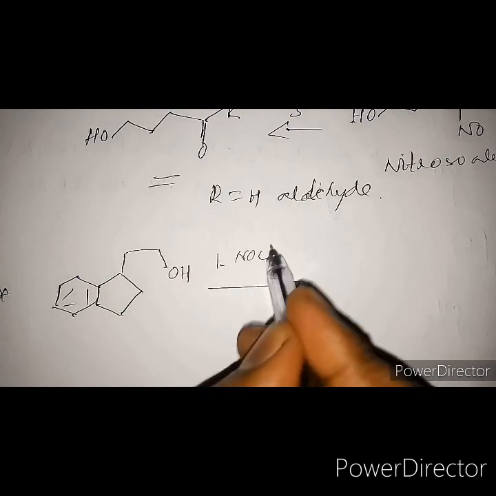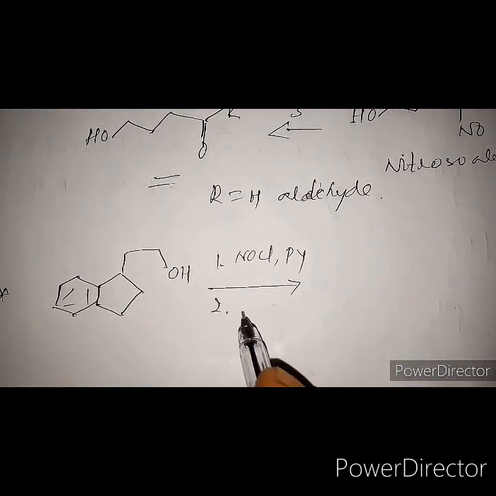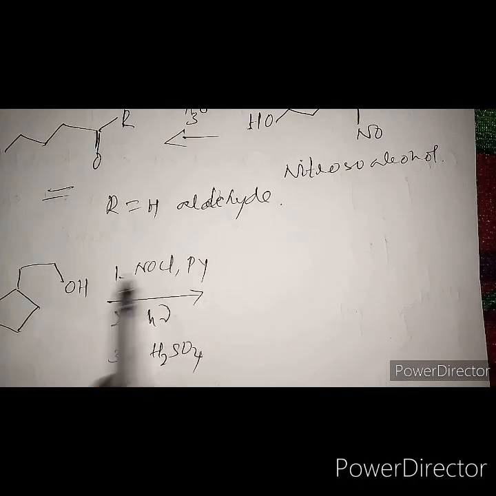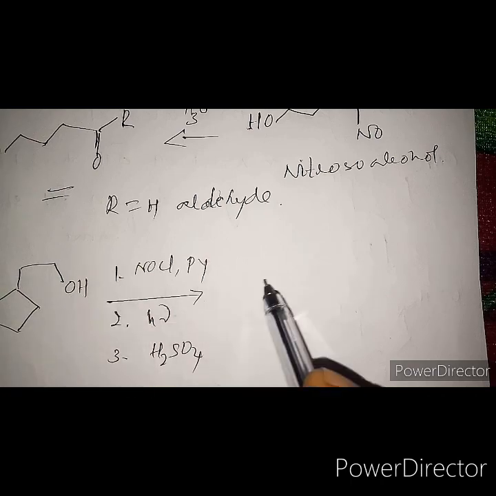The reagents are first NOCl with pyridine, second hν photochemical reaction, and third sulfuric acid. Now what is the first step?